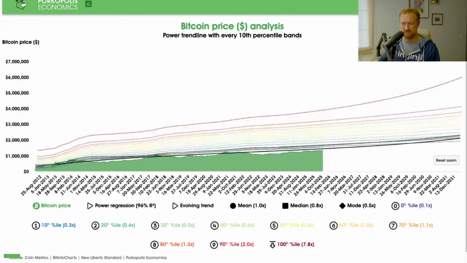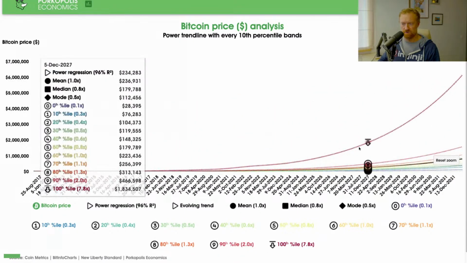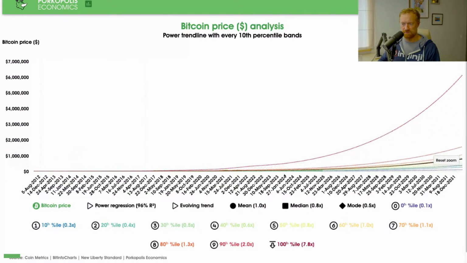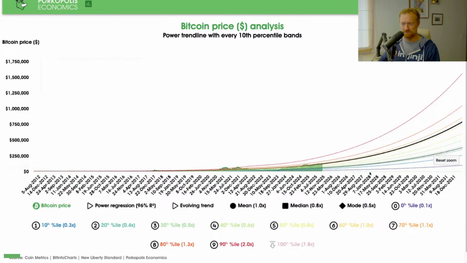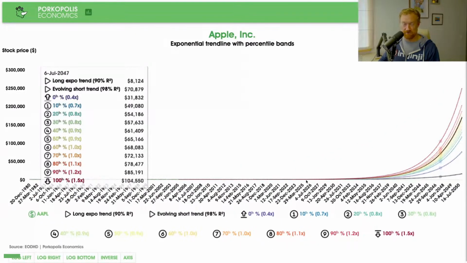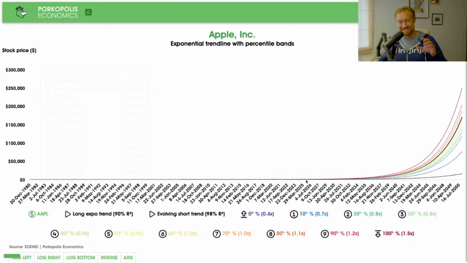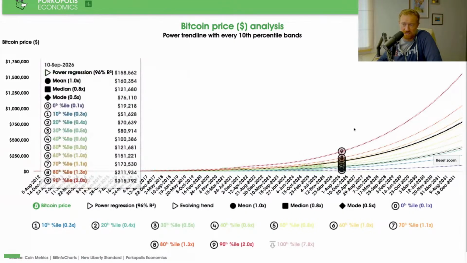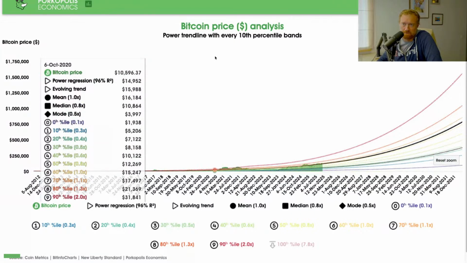Let's go back to linear. More gradual. Yes, this one is pretty high, but that's like the most extreme value on power. Gradual rainbow, hockey stick rainbow. Apple's on exponential, as is literally every other financial asset in the world. Bitcoin, so far, without a doubt, is on a power curve. Just no doubt that it's on a power curve.